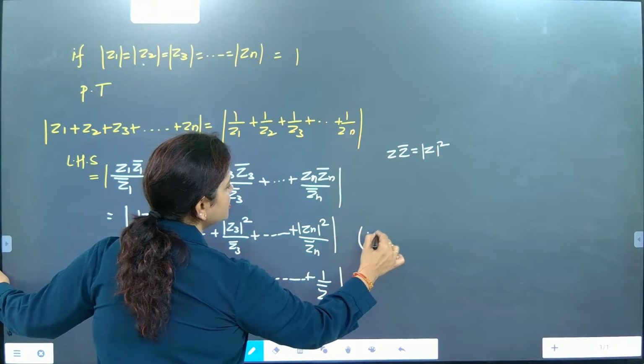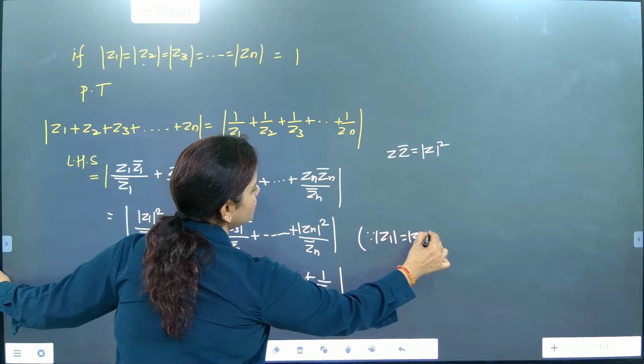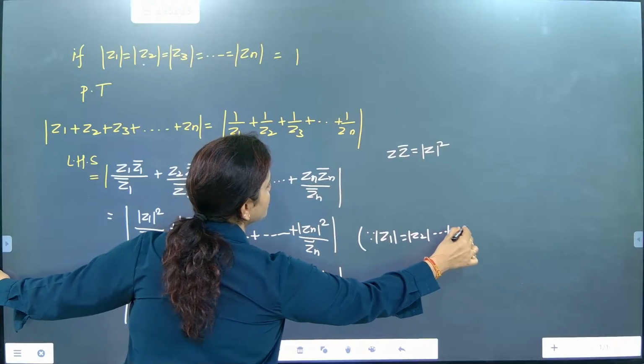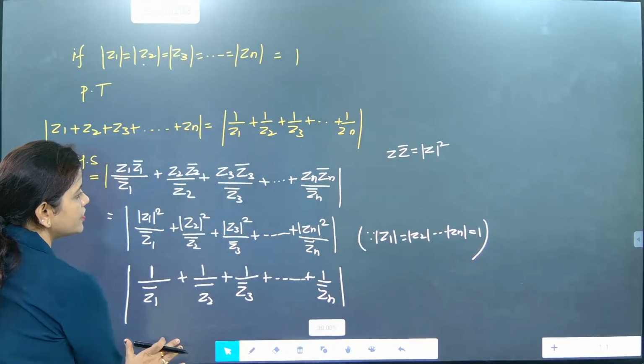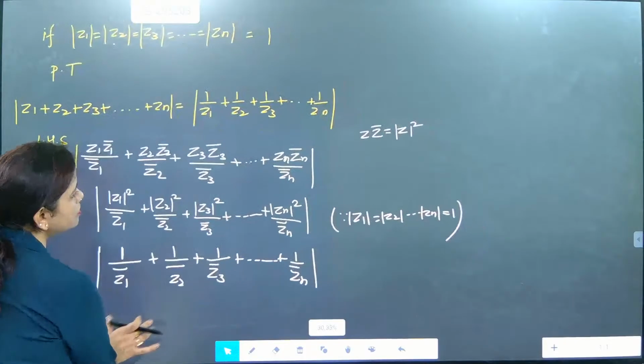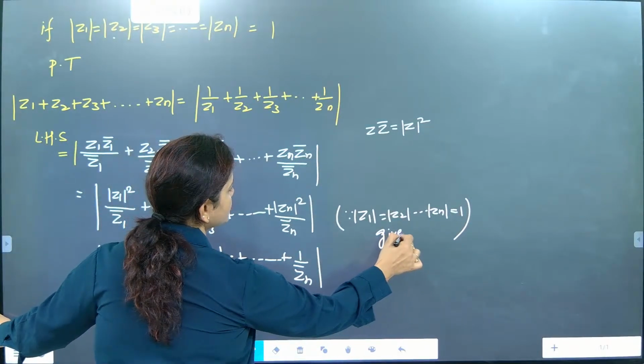Since in the question it is given that Z1 modulus equal to Z2 modulus till Zn modulus, the value is 1, it is already given. So in the question it is given, and you need to tell them that it is given actually.